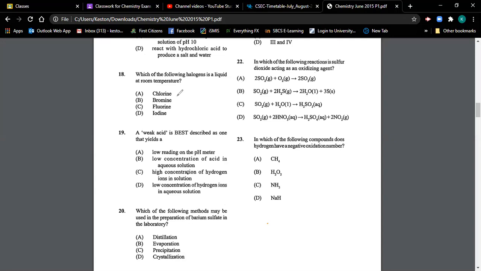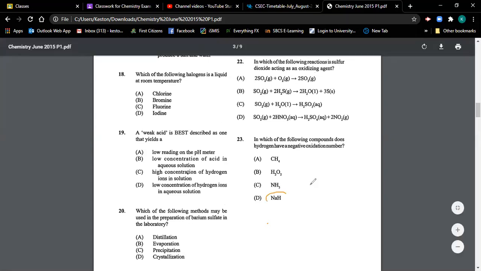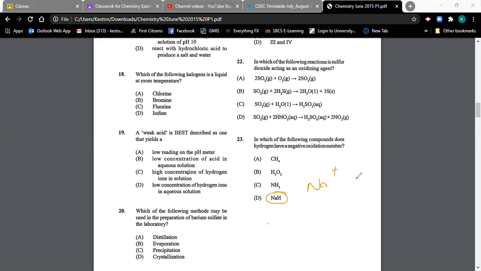D. Yep, that's correct. Because look at it. We know for certain Na is plus. So for it to be combining with that, right? NaH. Very good. Everybody get that one?